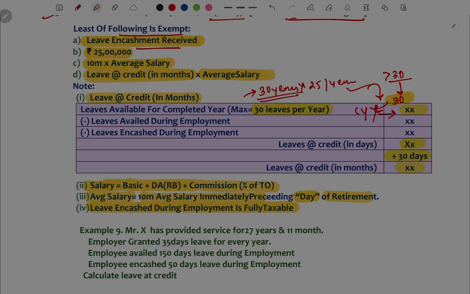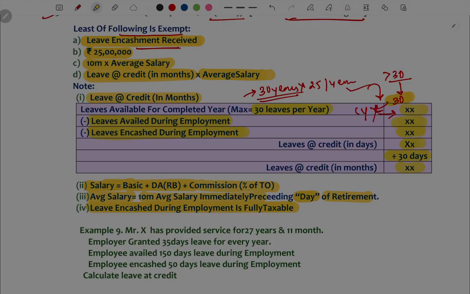So you will put it here, and then the leaves you have availed or the leaves you have encashed. Leave availed means the leaves where you were not working and you were enjoying, so that means you have availed your leaves. But there is also an option that you worked on those leaves and encashed them during the employment, so that will be deducted as well.